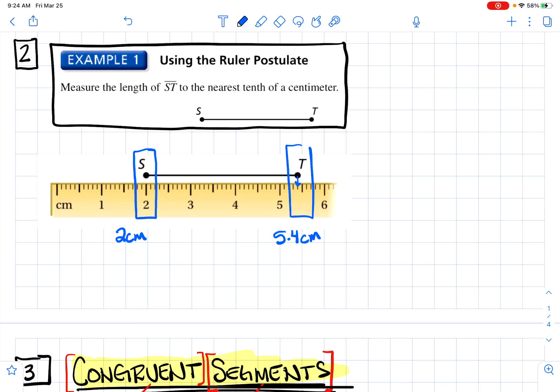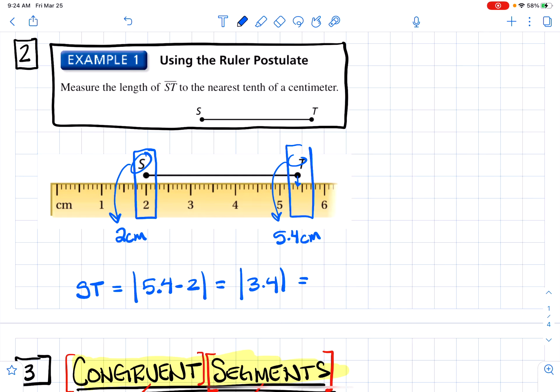We can match those points to numbers on the real number system, and then find the length of segment ST, denoted by capital S, capital T, which is the absolute value of the difference of their coordinates. So 5.4 minus 2 is the absolute value of 3.4, which is a distance of 3.4 centimeters.